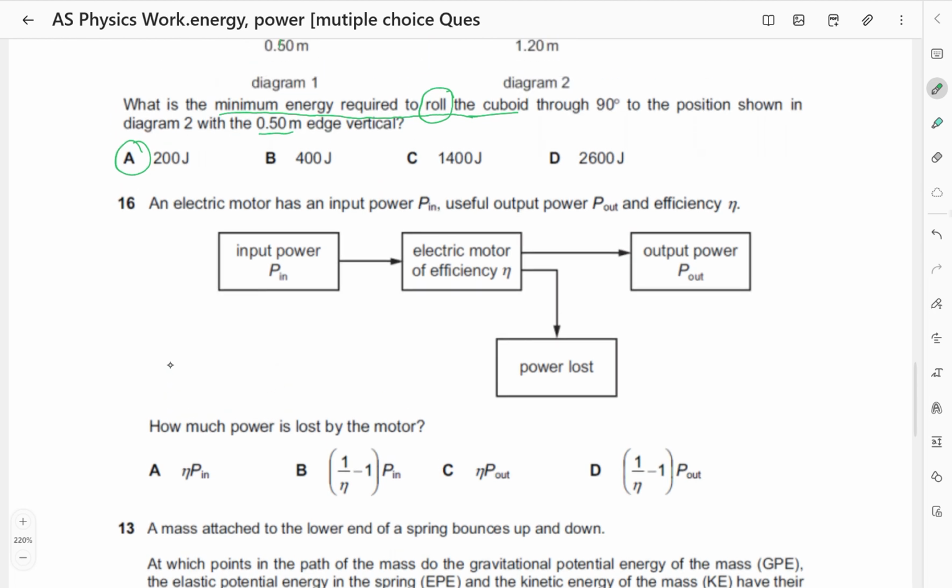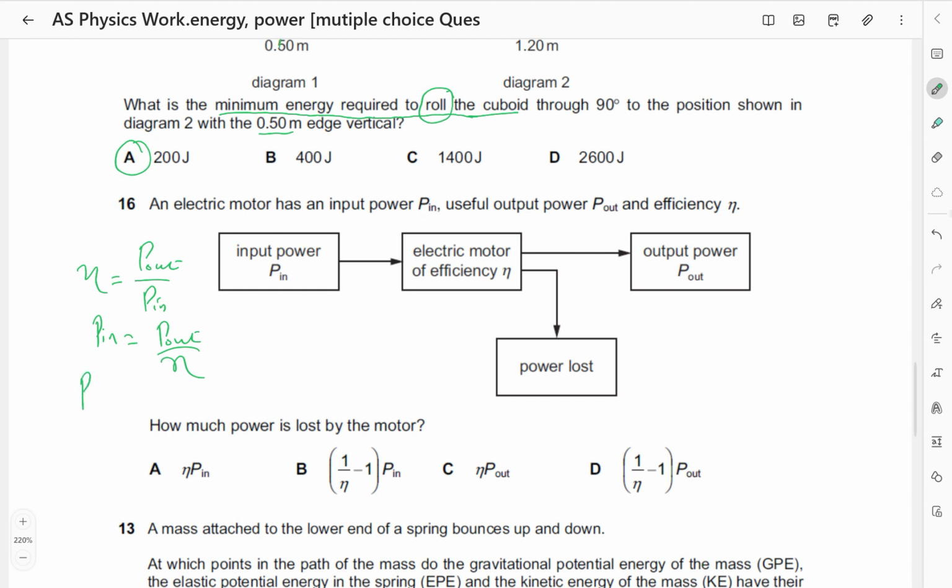Number one, we know that efficiency nu is equal to the power output divided by the power input, which means if I make power input the subject, the power input is going to be equal to power output divided by nu. How about power lost? Because the question is how much power is lost.